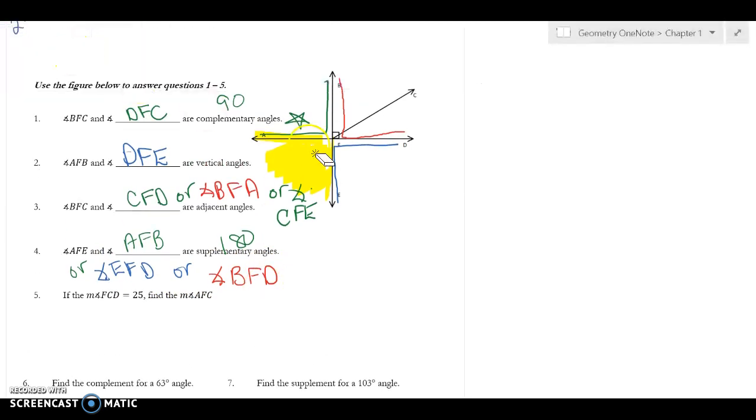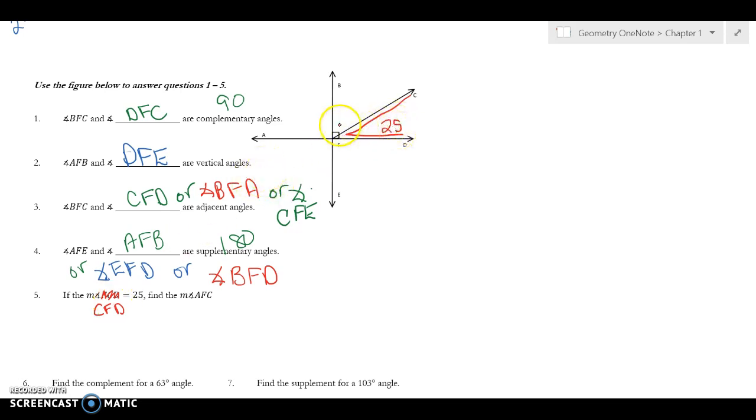Okay, so now let's look at this last one. And it says an angle FCD, F to C to D. Oops, look at that. This is a typo. It's supposed to say CFD. I accidentally mixed my vertex with the other point. This angle is 25.